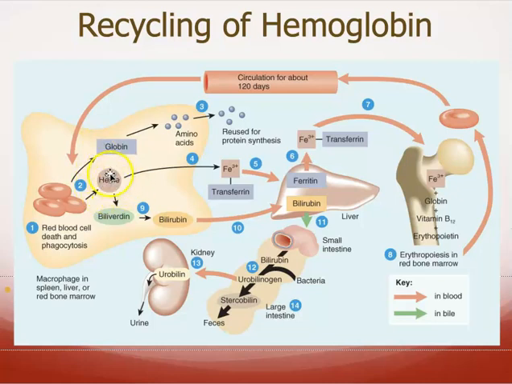Now the heme part's a little bit more complex. Remember that heme was that Saturn-looking thing with the iron molecule in the middle. So let's see what happens with the actual iron. The iron will be transported and predominantly stored in the liver for future red blood cell formation.